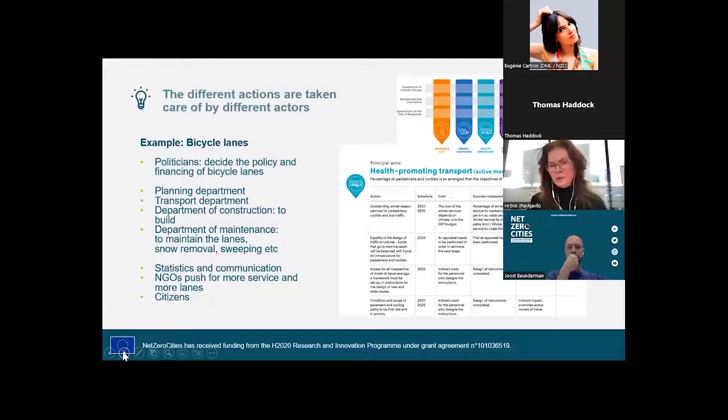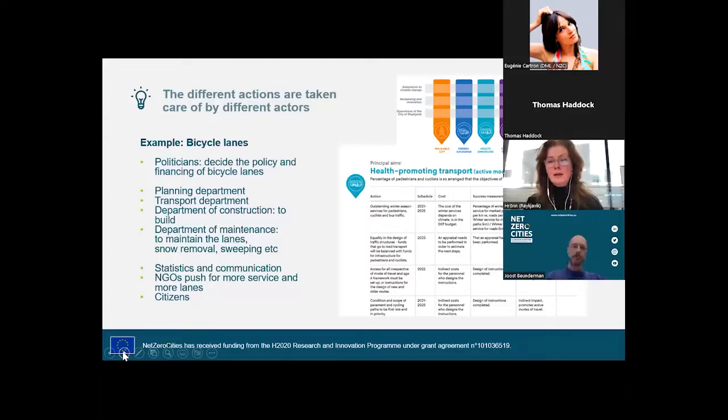But I just wanted to show that we estimated each action with a rough estimate on cost, you know, if it would be costly and so on. And then we had success measurements and effect on greenhouse gas emissions.